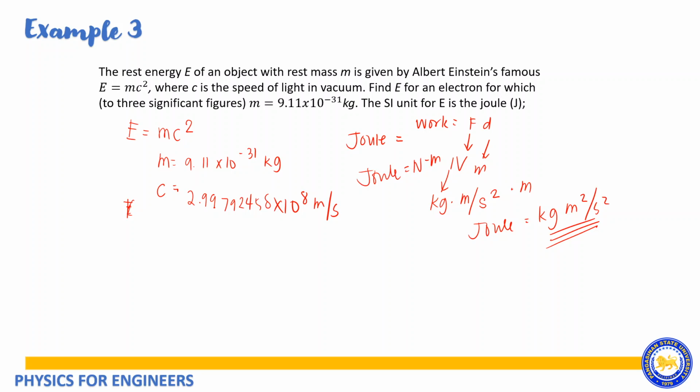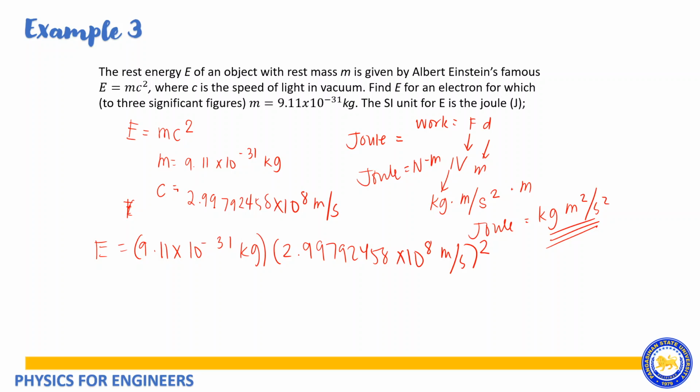Okay? Then, let's solve. E equals 9.11 times 10 raised to negative 31 kilogram times 2.99792458 times 10 raised to 8 meters per second, squared, kasi c squared.